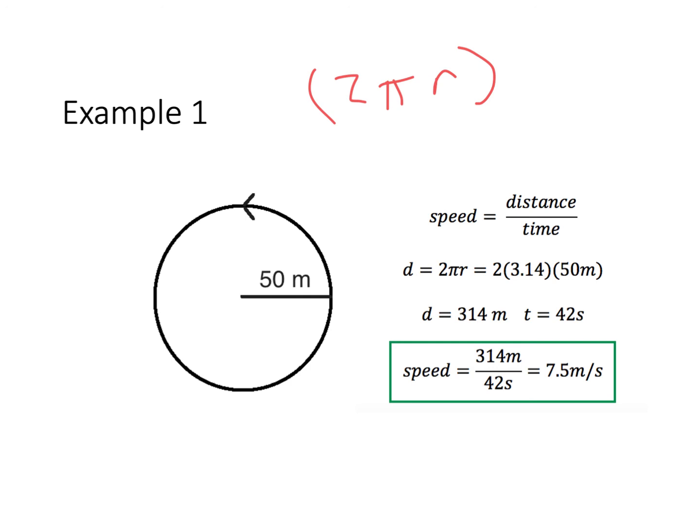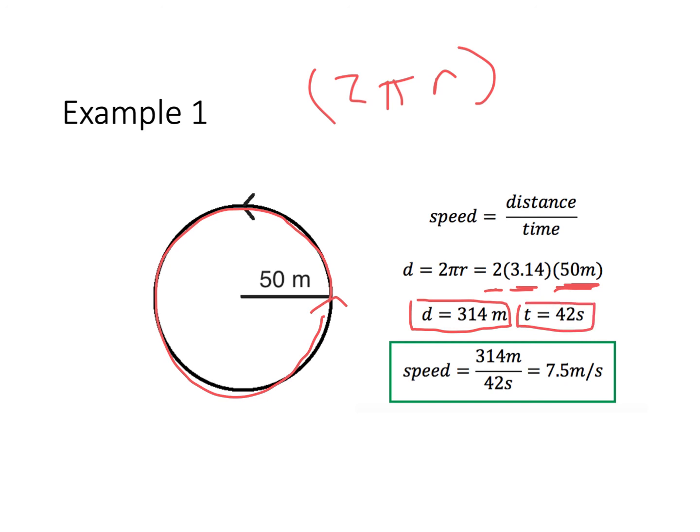And so this distance is going to be 2 times 3.14, that's pi, times the 50-meter radius of the circle. When you calculate that out, you get a distance of 314 meters. Now, in the problem, they told you that it takes 42 seconds to go all the way around, so that would be the time of travel.